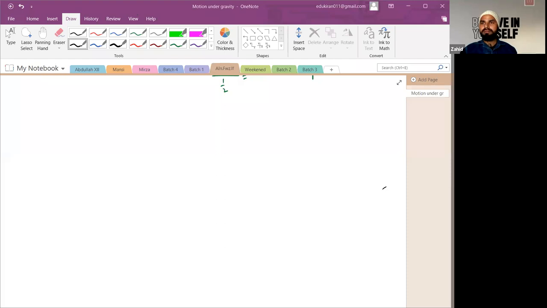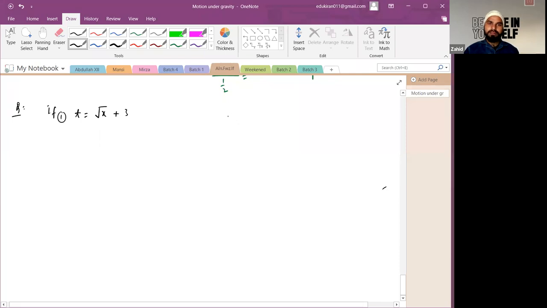Okay, so let's start. In last class, we had started non-uniformly accelerated motion, for which I defined some problems. I'm giving you t is equal to root of x plus 3.